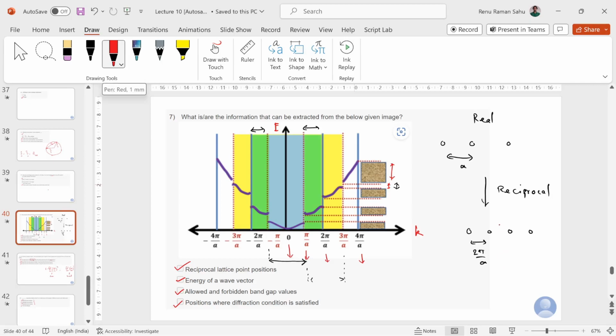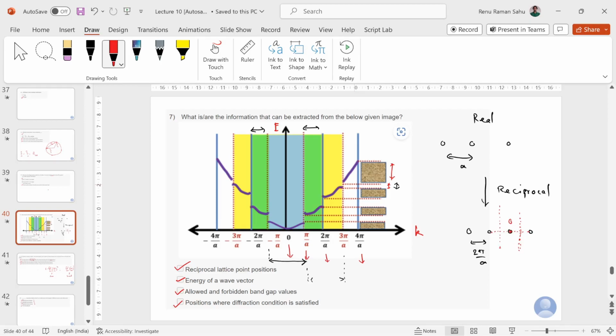How do you draw it? You choose one of the atoms, take it as origin, then you perpendicularly bisect the line joining these lattice points. When you do that, this is your Bragg plane.